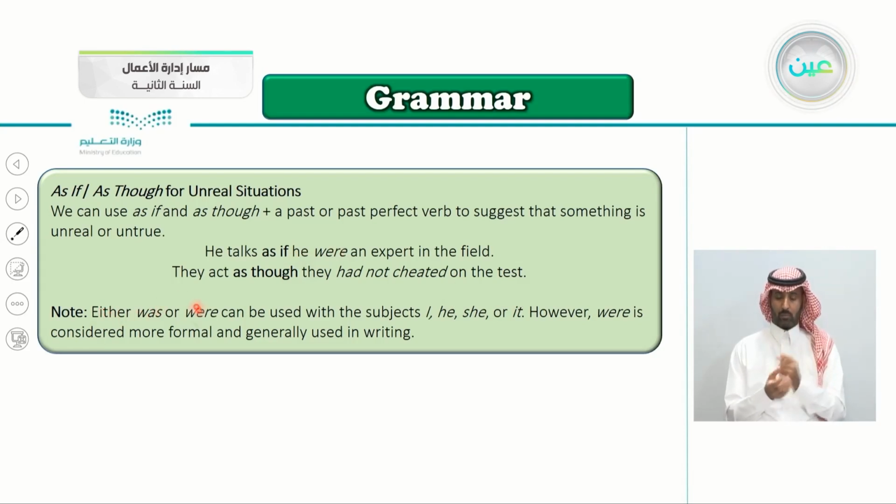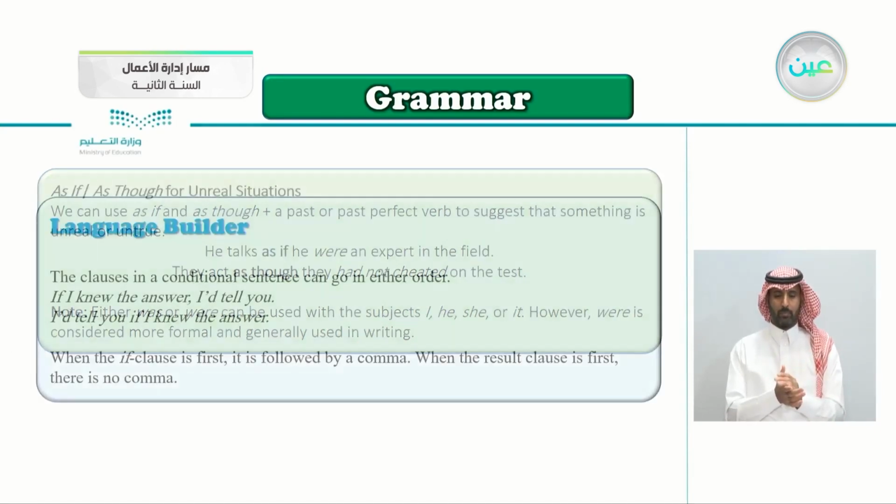However, were is considered more formal and generally used in writing. Here, he talks as if he were. We didn't say was. Both of them are correct, but were is more formal and generally used, especially in writing.